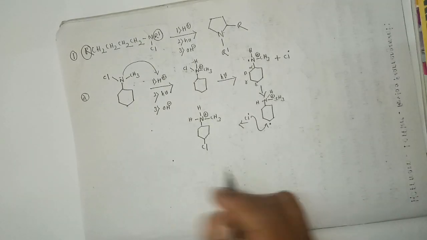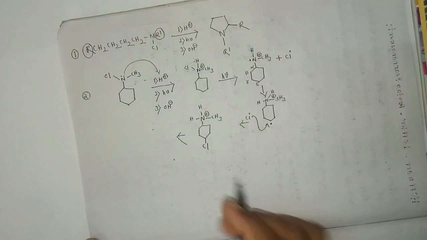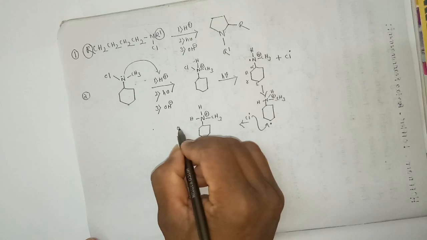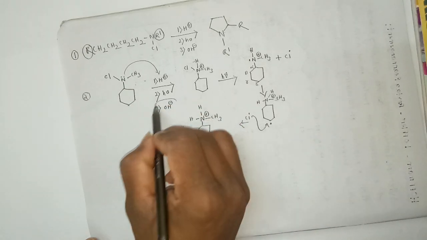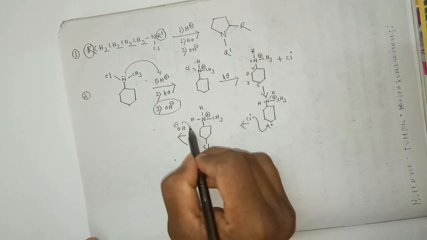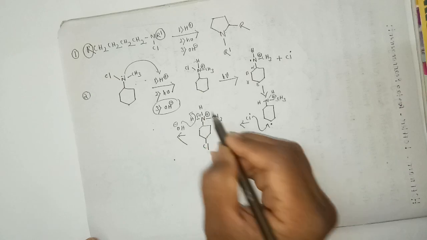Okay, then the next step. In the third condition we have OH minus. This OH minus will attack the H plus ion, then this bond shifts towards nitrogen.